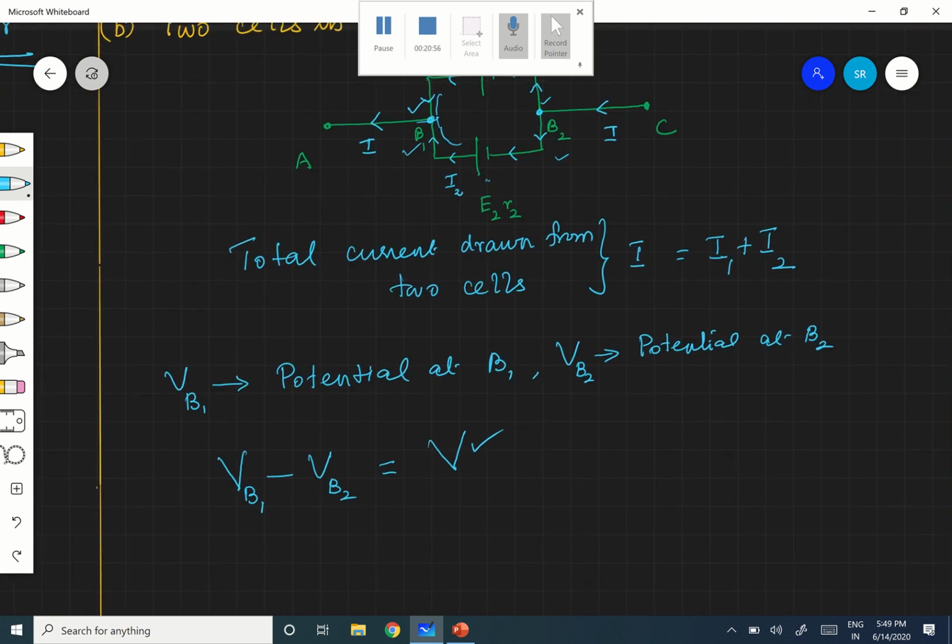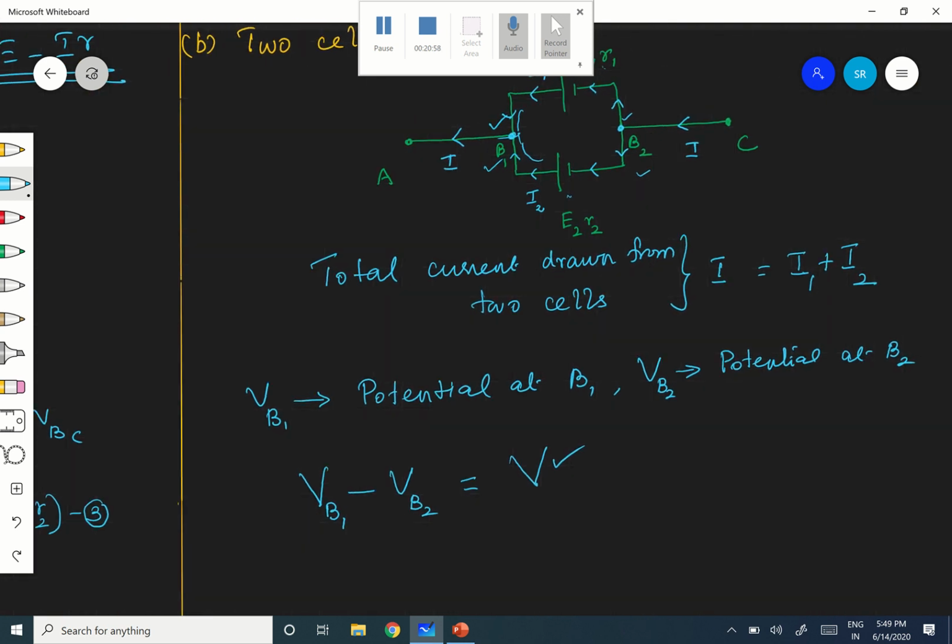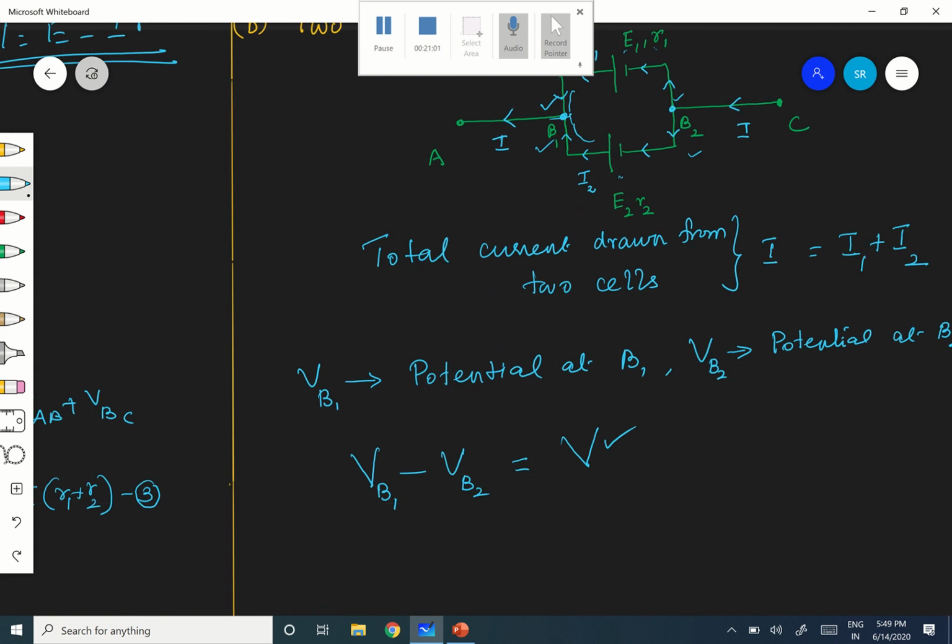Therefore, I am going to write V with respect to the first cell, because V is, after all, the terminal potential difference across the first cell as well as across the second cell. So first let me write the potential difference V with respect to the first cell.